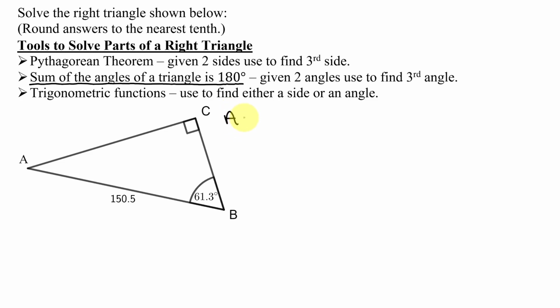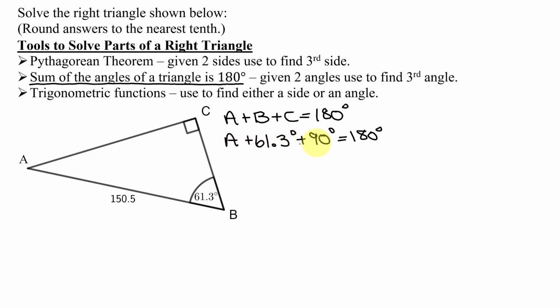So I know the measure of angle A plus angle B plus angle C, they have to add up to 180 degrees. I'm trying to find the measure of angle A. I know the measure of angle B is 61.3 degrees. So A plus 61.3 degrees plus the measure of angle C is 90 degrees equals 180 degrees.